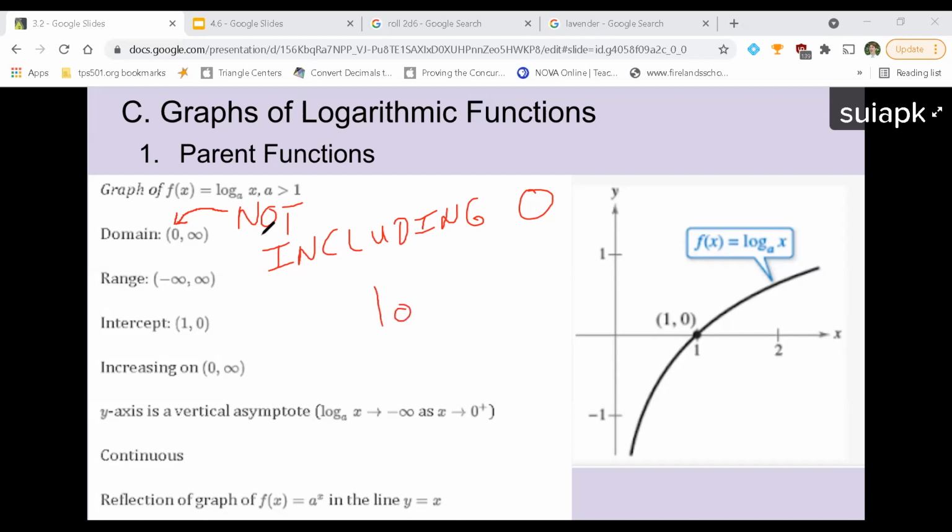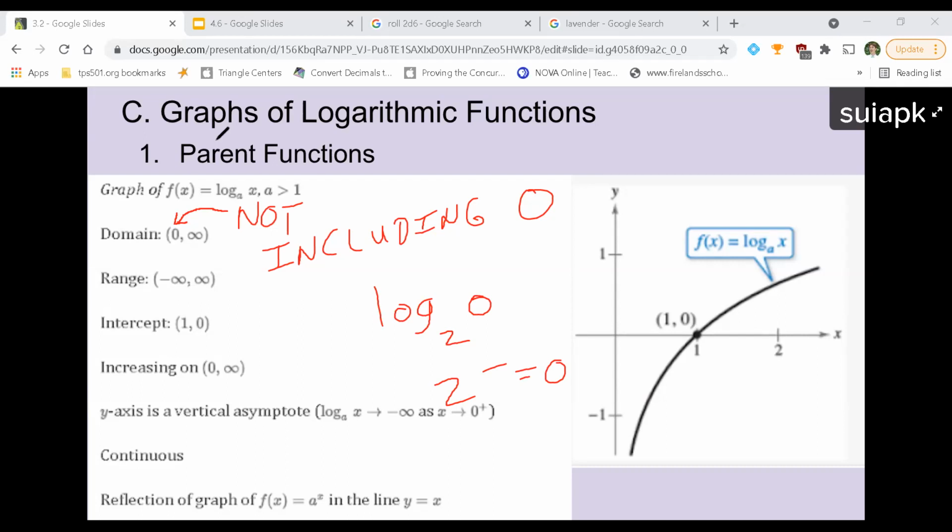If we do log base 2 of 0, I am asking 2 to the what power is 0. That is impossible. It is impossible to multiply 2 by itself any number of times and get the answer 0. The lowest you could get it to is like 2 to the 0 power would be 1. But that's not 0 either.